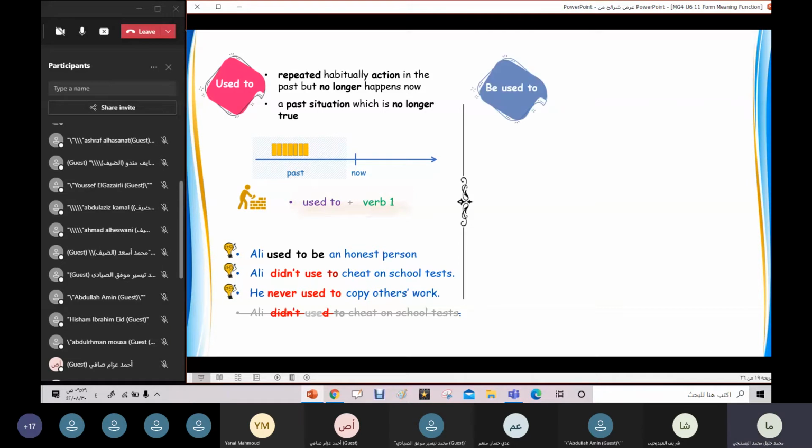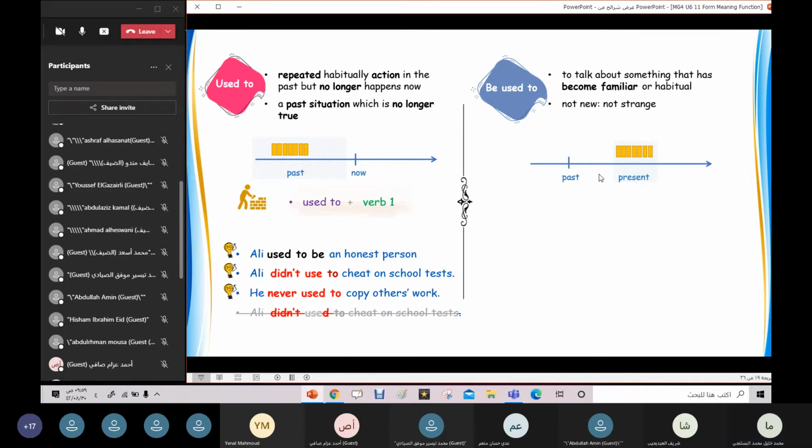But be used to refers to something which is happening now, something that has become familiar or habitual. Not new, not strange. Look here. This is the past. This is the present. Doing my habits nowadays.